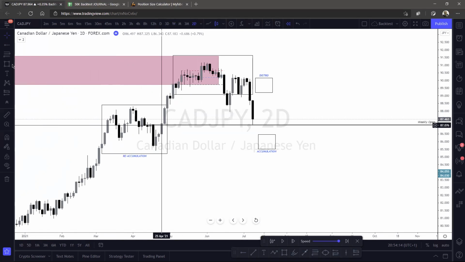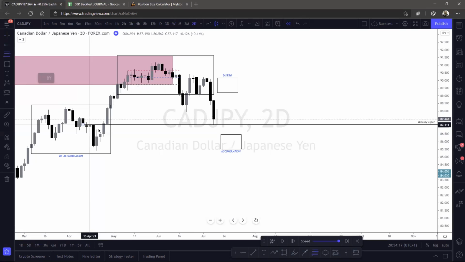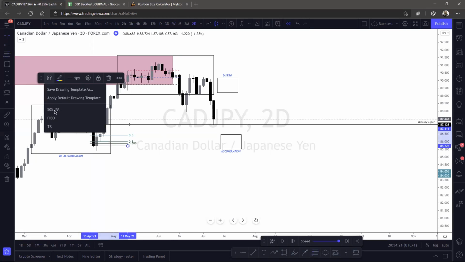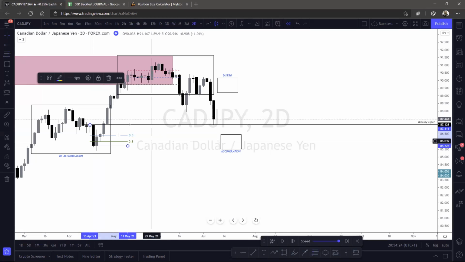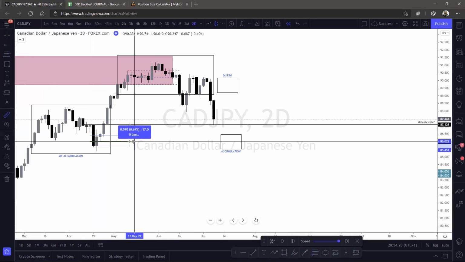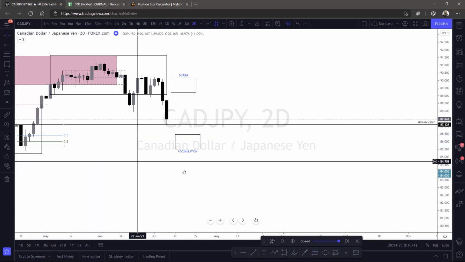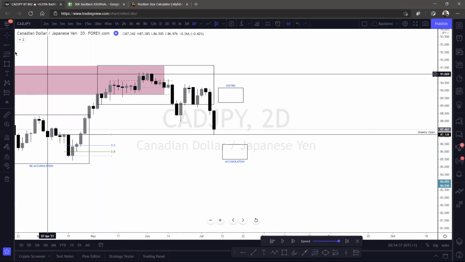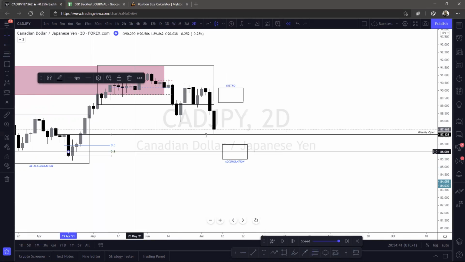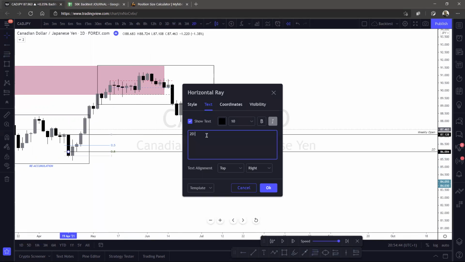Oh, that 2 day is nice. Yes, that's 55 odd pips. Leave it there for now anyway. So that's the 2 day 80%.